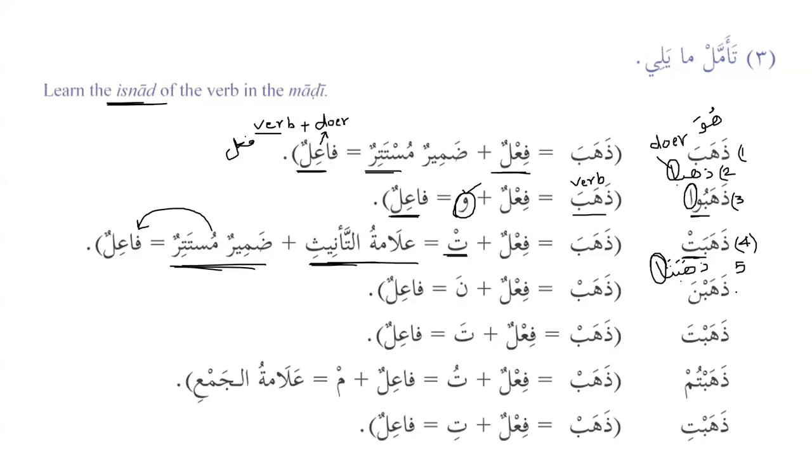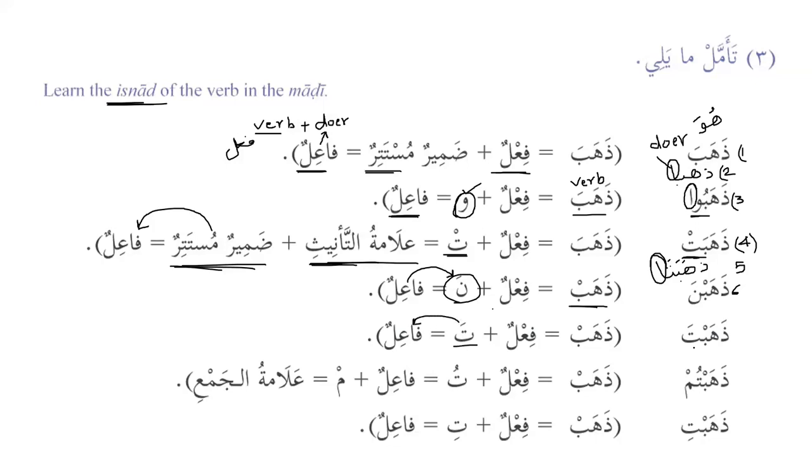And then when we talk about form number 6, which is dhahabna, the fa'il, the doer, is noon. Dhahab is the fi'l, and the fa'il we know here is the noon. In dhahabta, the doer is ta.